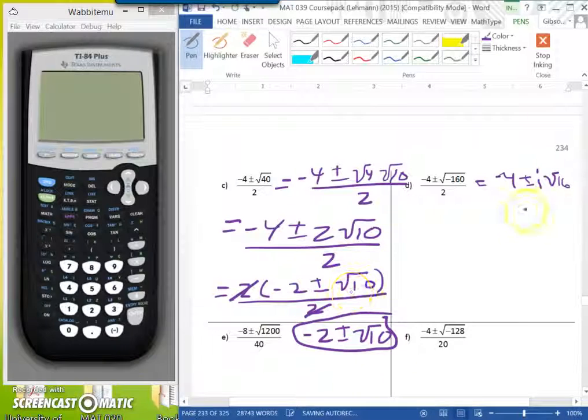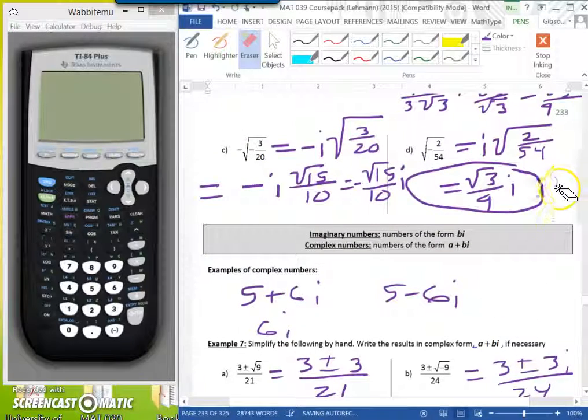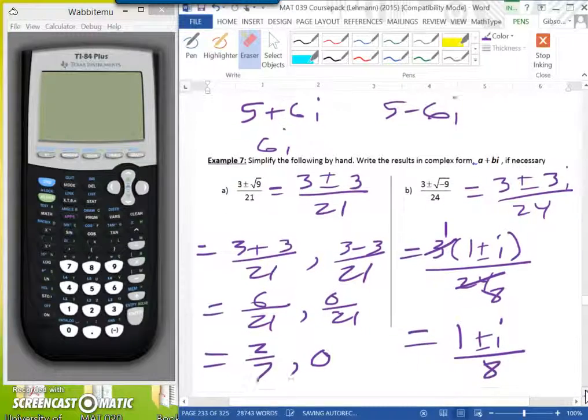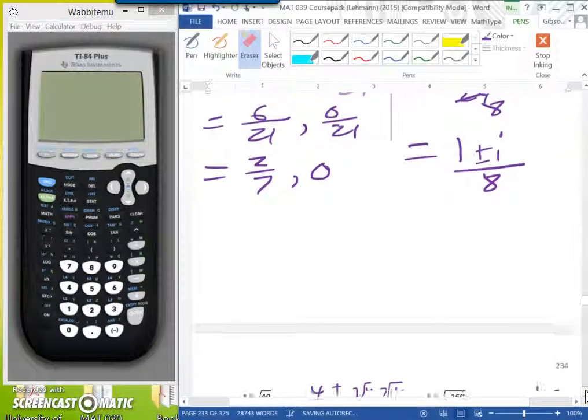Right. Okay. Now, with this next problem here, remember, we have i square root of 16, and next to it, we should put the square root of 10. I didn't leave myself enough space, but you all have the space. So that would be the square root of 10. Matter of fact, let me just erase this and give myself the space. I don't know why it jumps like this, but it does.